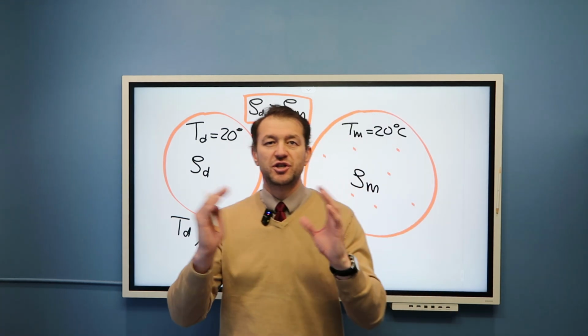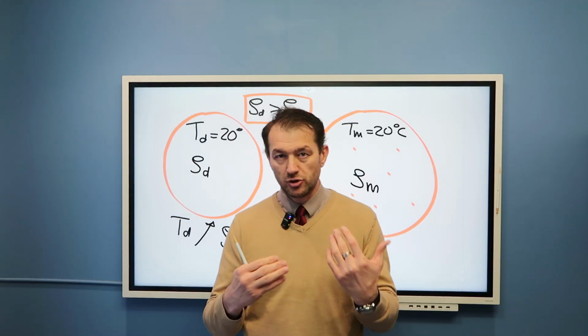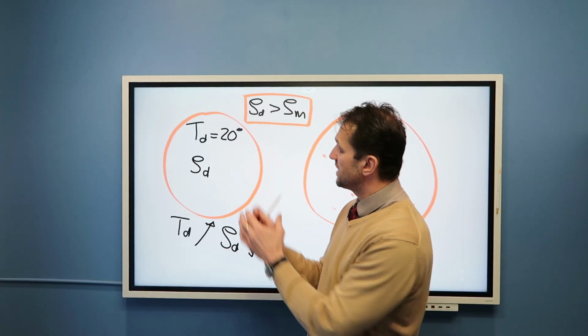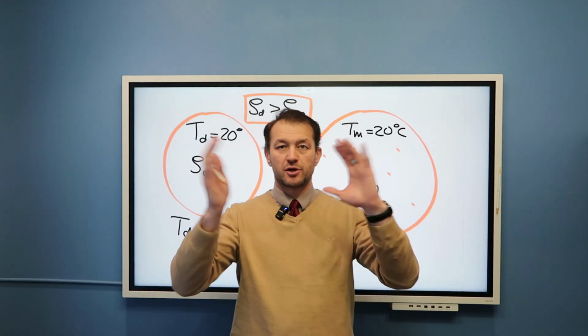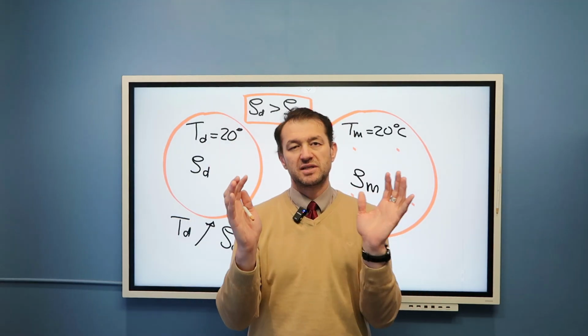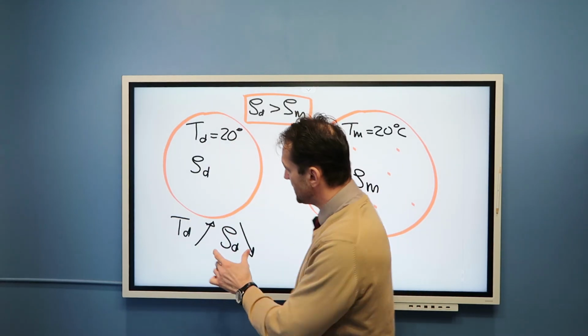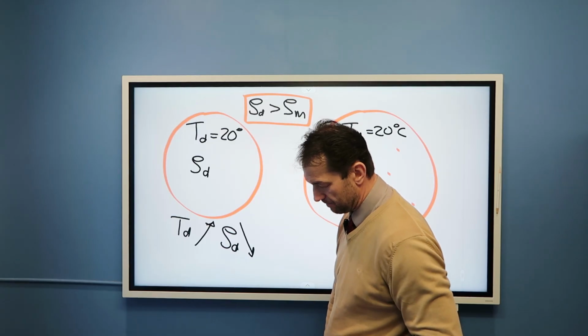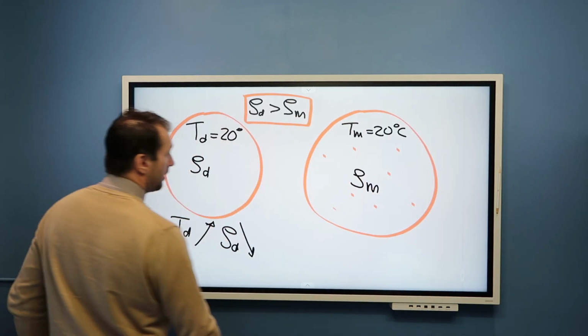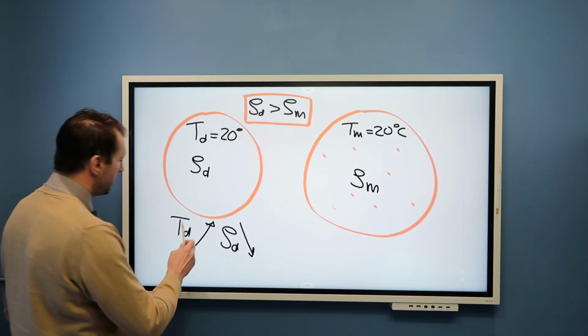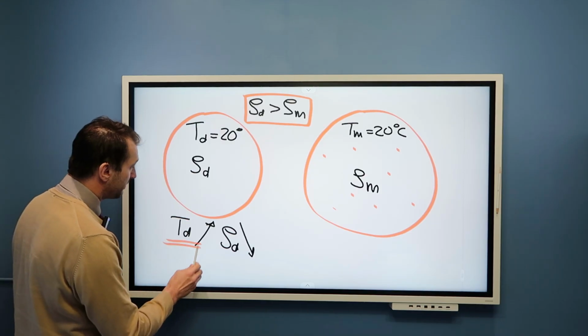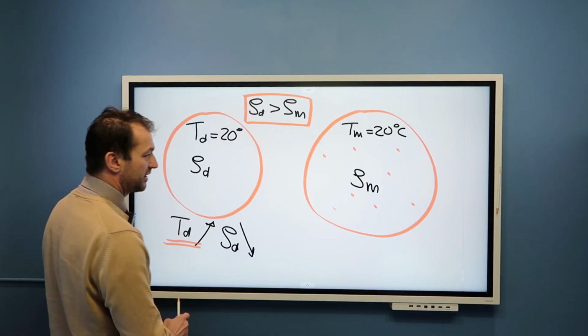Well, temperature is jiggling of particles, molecules and atoms that are making a substance, in this case air. When we increase temperature, jiggling increases, which means the average distance between particles increases, which means density decreases. Well, okay, so if I increase temperature of this parcel of air, density will decrease.